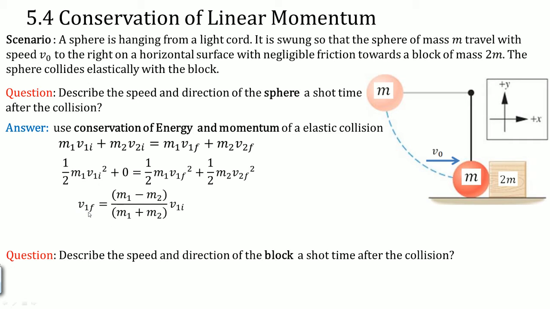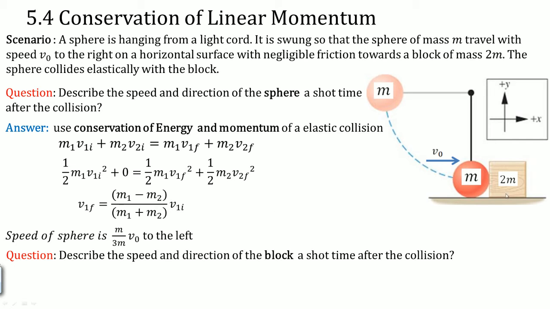The final velocity is equal to a ratio of the mass times the initial velocity here. So, this is a very interesting idea. On the bottom, it is the masses added together, so that is your summation of the masses of the system. On top, it's mass 1 minus mass 2. So, here, it would be 2m minus the m.